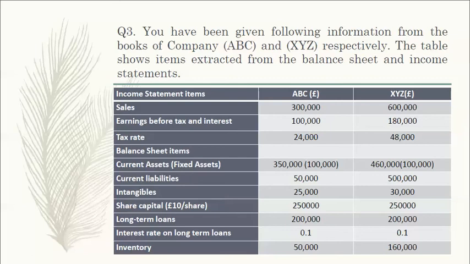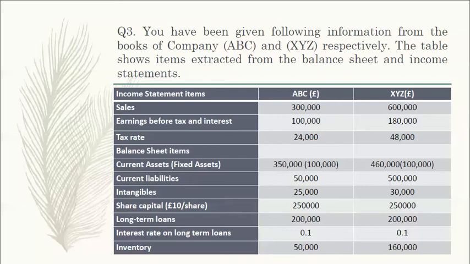The current liabilities equal 50,000 for company ABC and 500,000 for company XYZ, and intangibles 25,000 for company ABC and 30,000 for company XYZ.